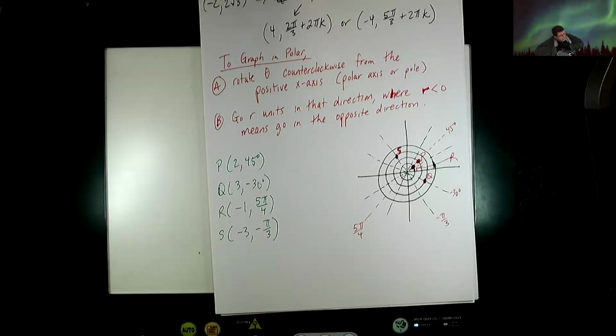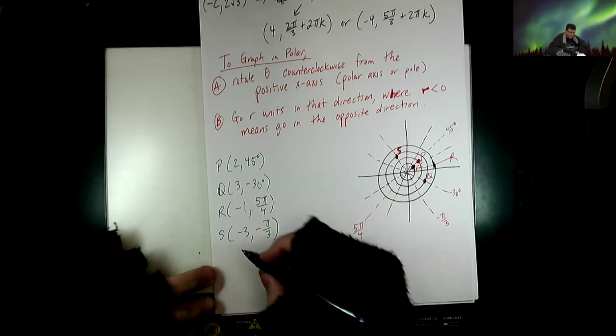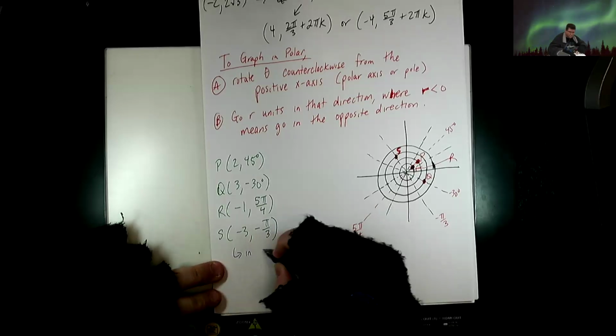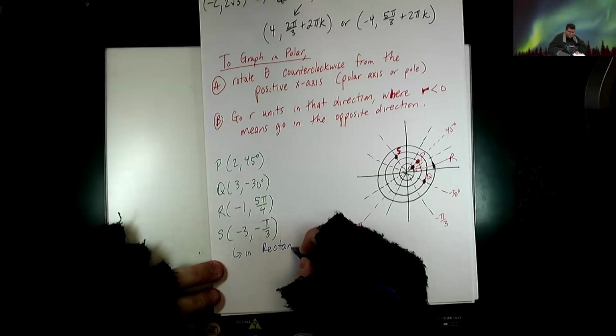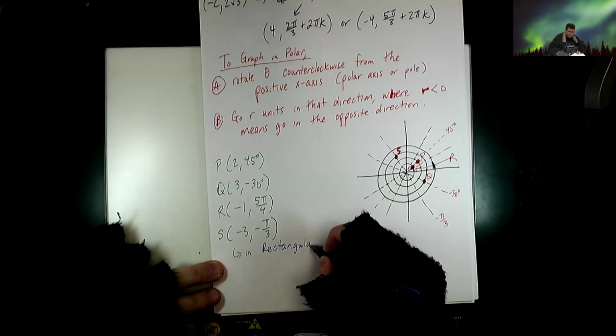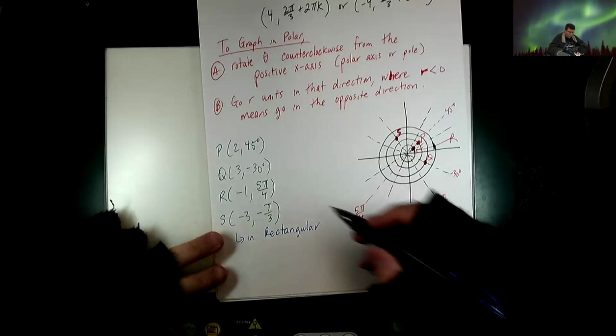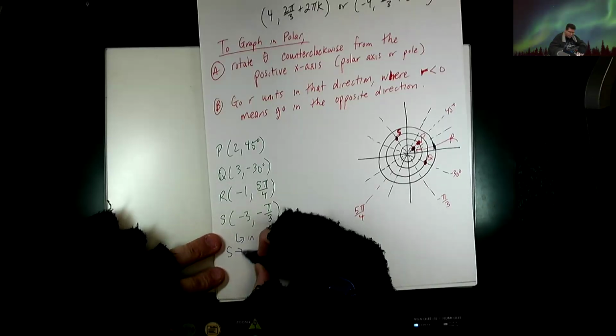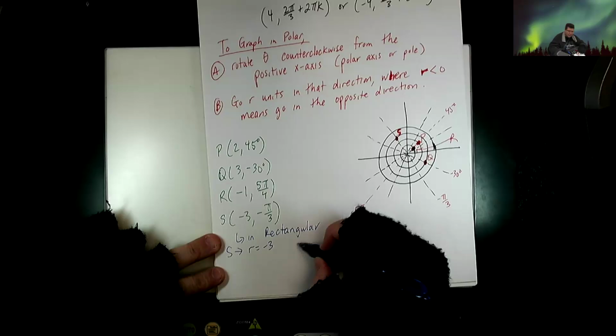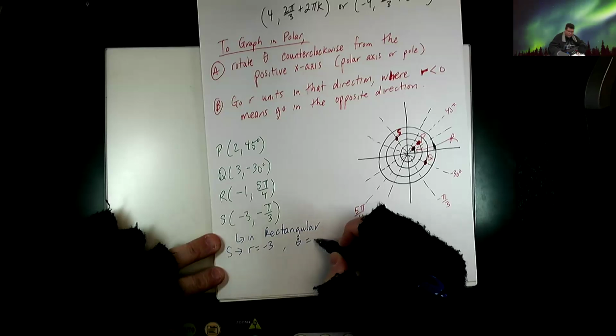Switching from polar to rectangular is a lot easier really than going the other direction. If I wanted to write S in rectangular, well, for S, my r is negative 3, my theta is negative pi over 3.